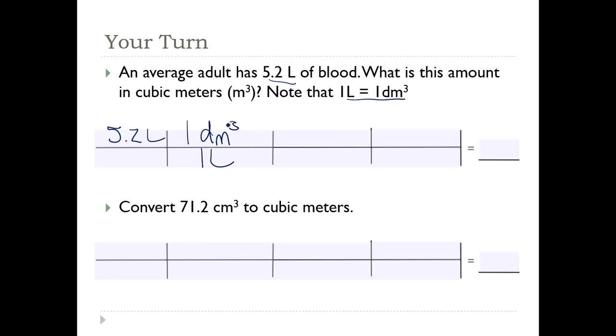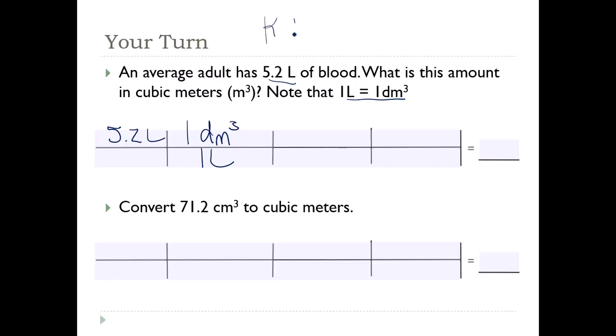Okay, and so then pause the video and make sure you can get from decimeters cubed to cubic meters or meters cubed. So we want to go to meters cubed, so we need to know the relationship between decimeters and meters.